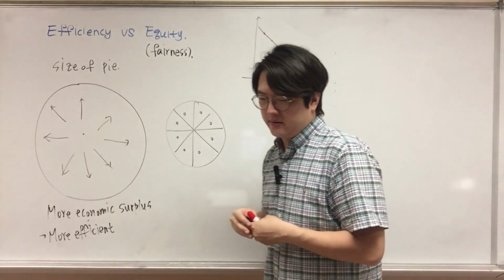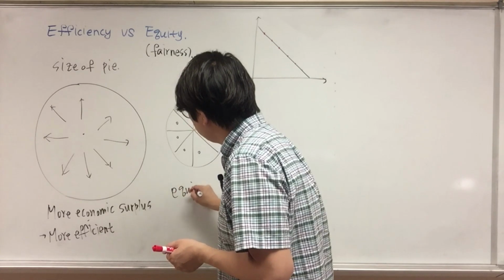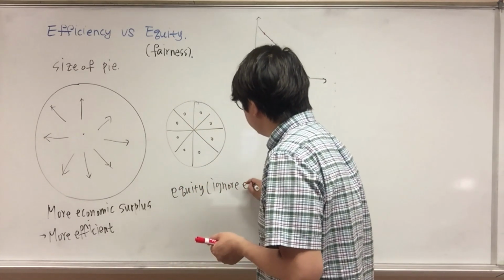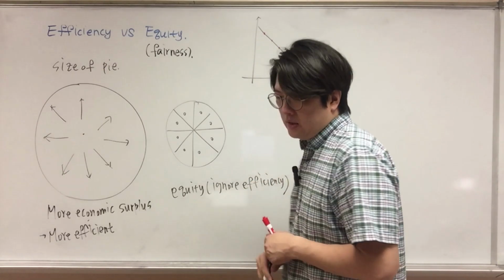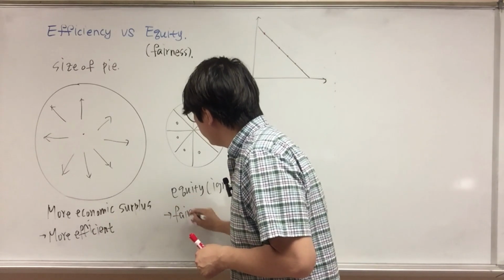That is equity. So in the case of equity, we usually ignore efficiency. They distribute it fairly.